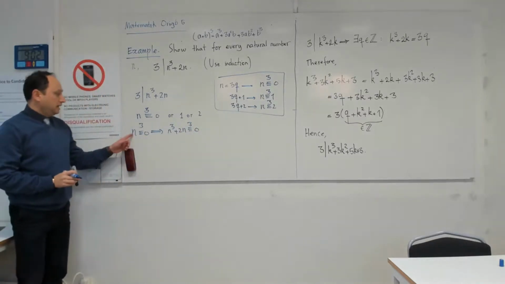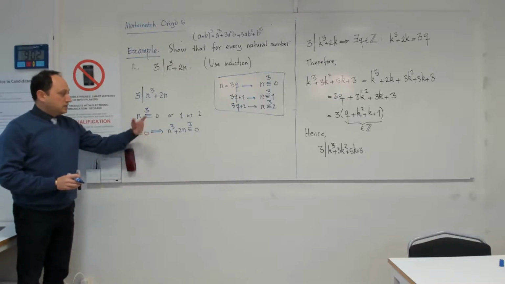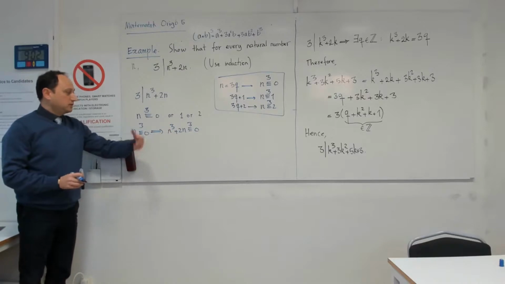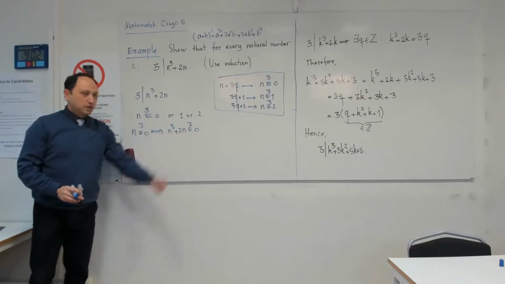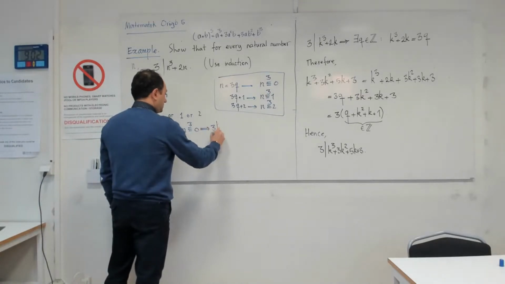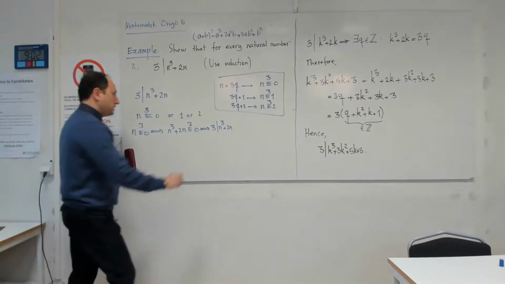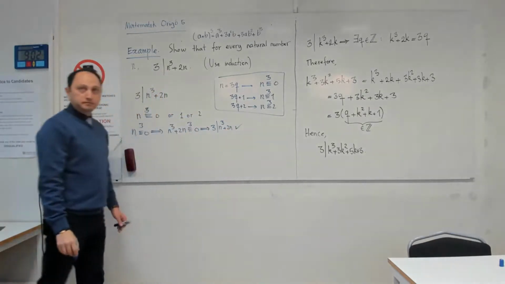Yes, because if n is congruent to 0, if I raise it to power 3, it remains 0. If I multiply it by 2, it remains 0. If I add them, it remains 0. So if this happens, then I am done. Yes? So here I am done.